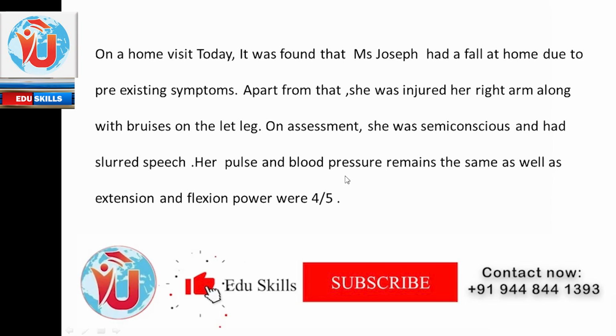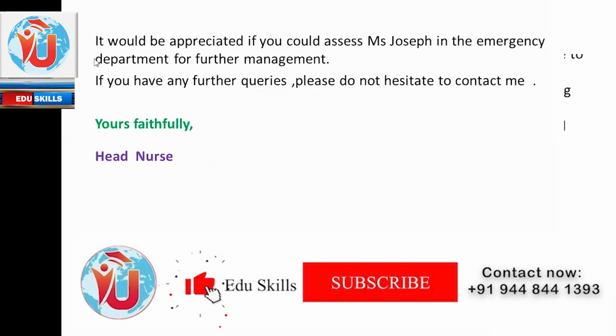For example, here the blood pressure reading is almost the same, so we can write it remains the same. I hope you are clear with this paragraph too. Now I'll move to the last slide.